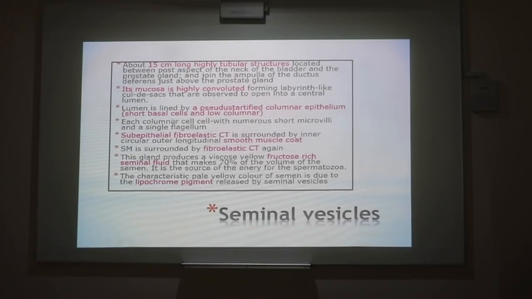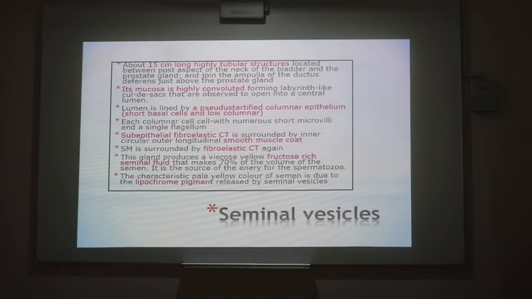So what you have is a mucosa which is highly convoluted, and then you have a subepithelial connective tissue layer which is surrounded by a circular muscle layer and outer longitudinal muscle coat. The smooth muscle is surrounded by the fibroelastic connective tissue again, and this gland is going to produce viscous amount of yellow fructose-rich secretion.